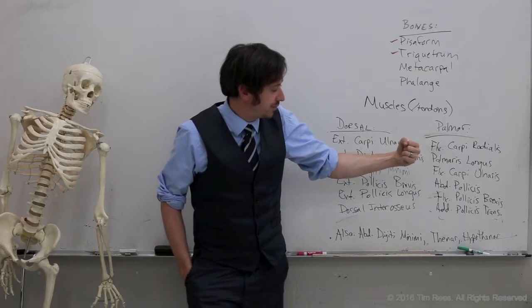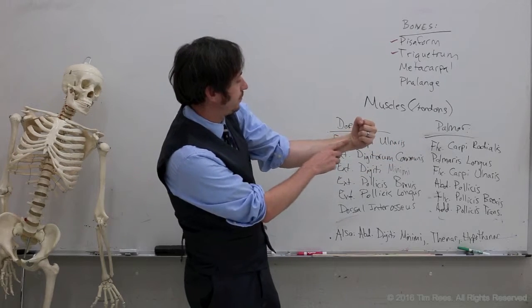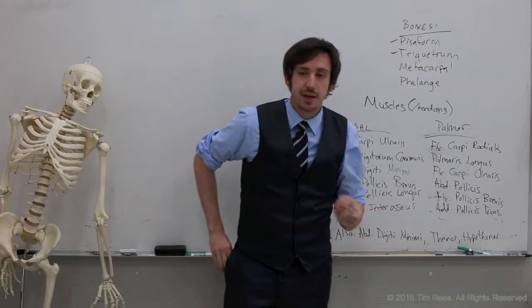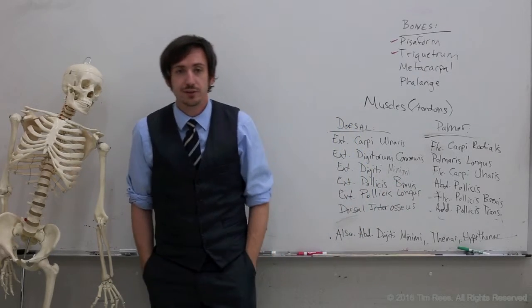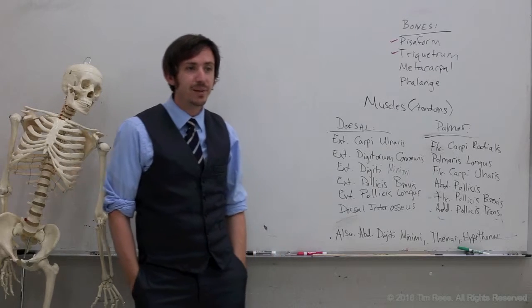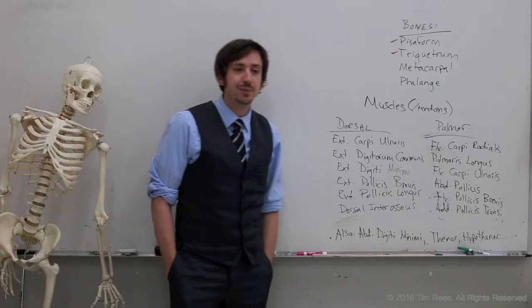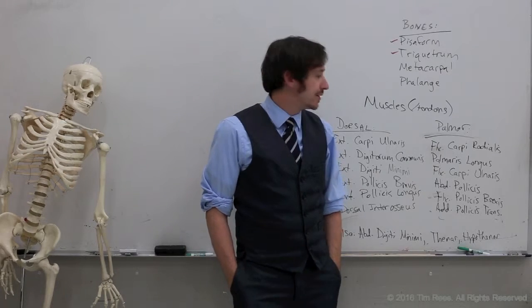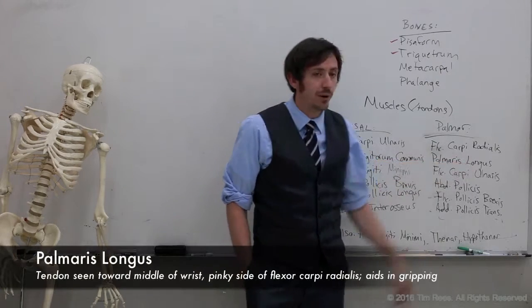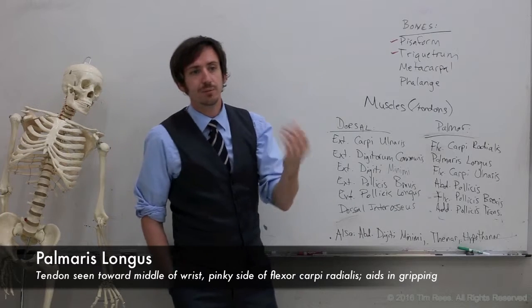The one next to it, the central one that you see here, is not in the entire population or entire species of humans. It is a muscle and tendon that is being phased out as unnecessary. It's called the palmaris longus, and the palmaris longus was originally a gripping muscle.